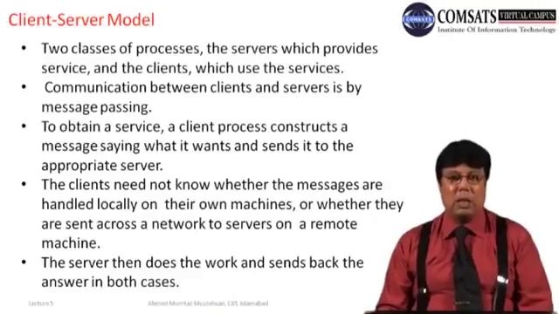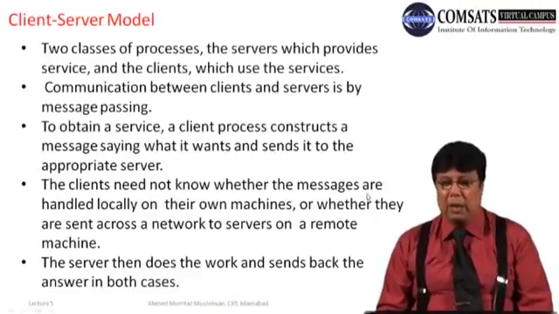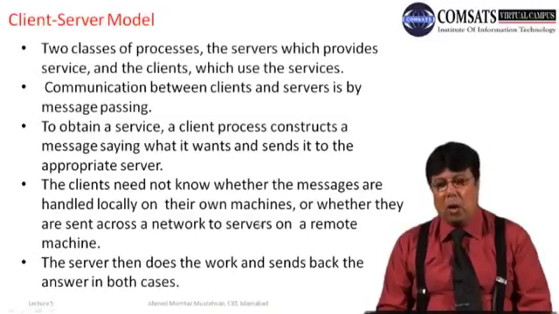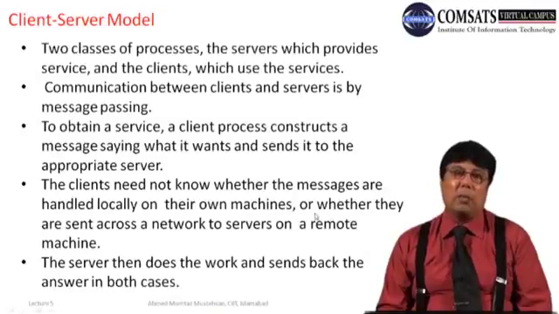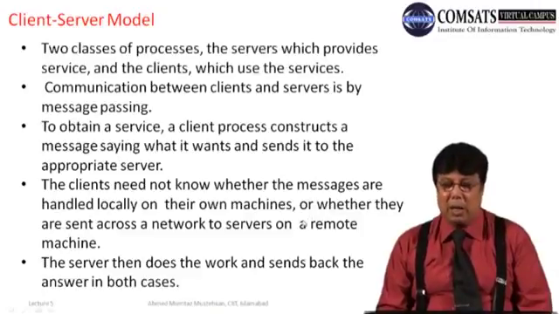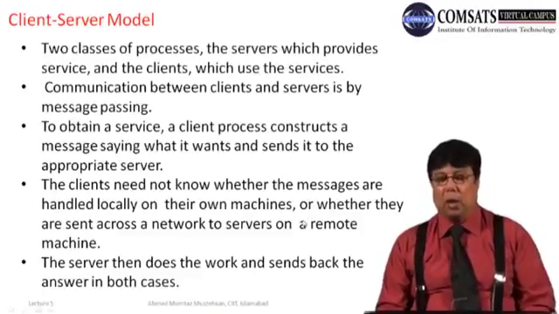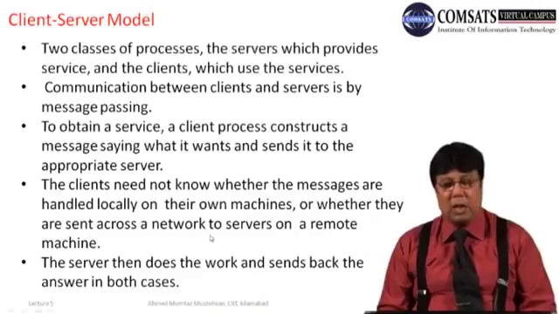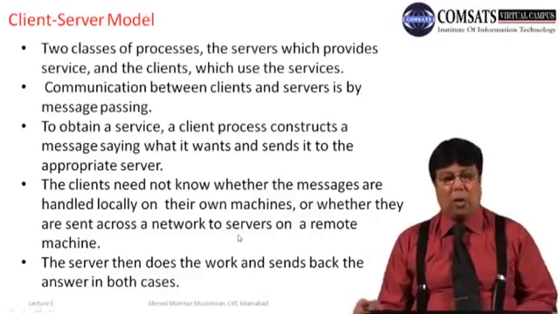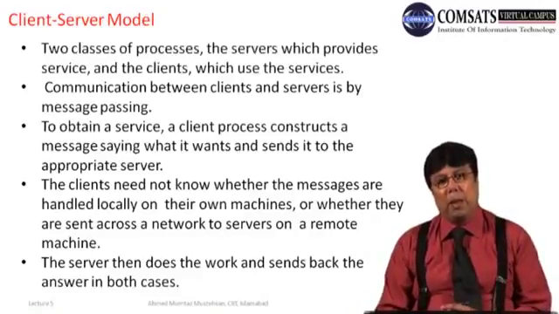So the client process need not know whether the messages are handled locally in their own machine or by another process that is running on some other machine over a network, or whether they are sent across a network to a server on a remote machine.